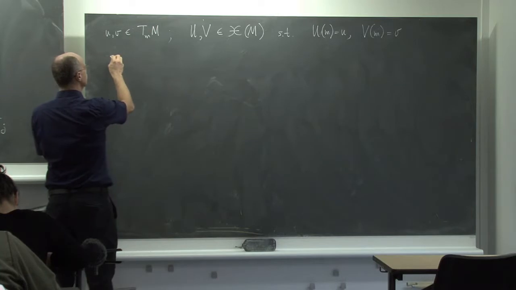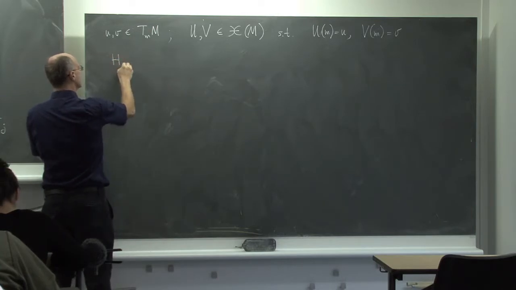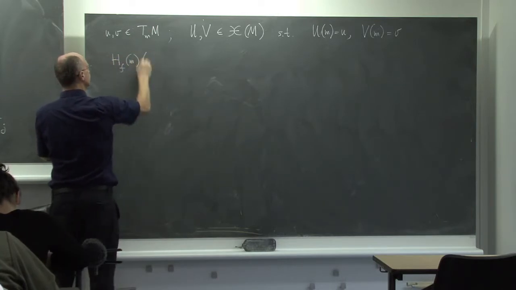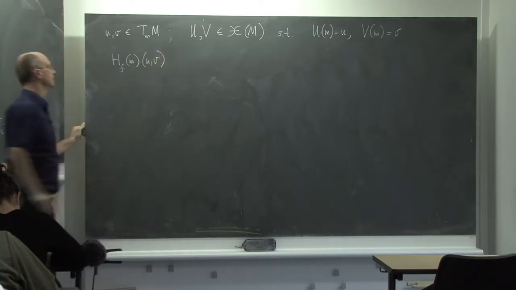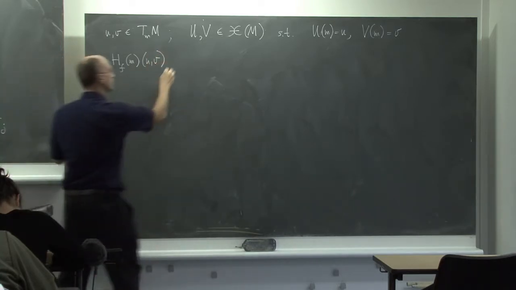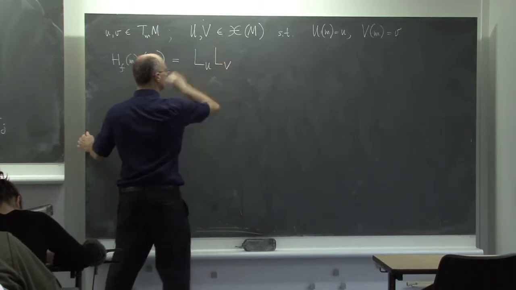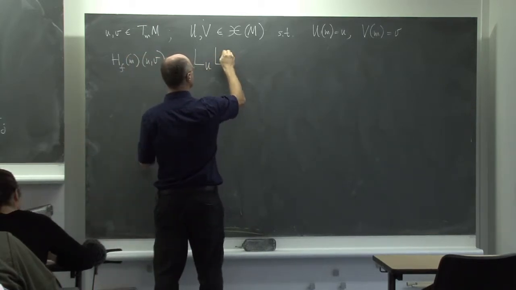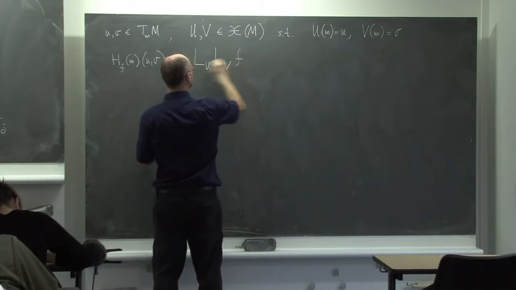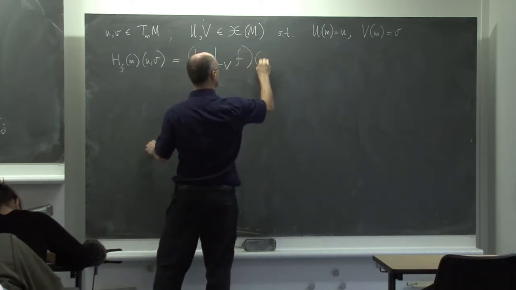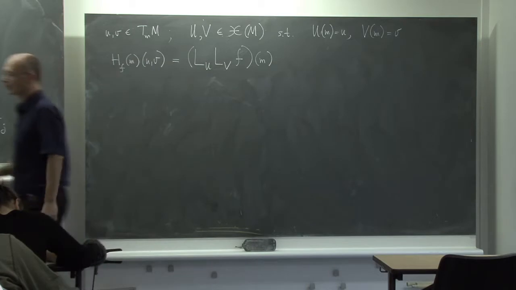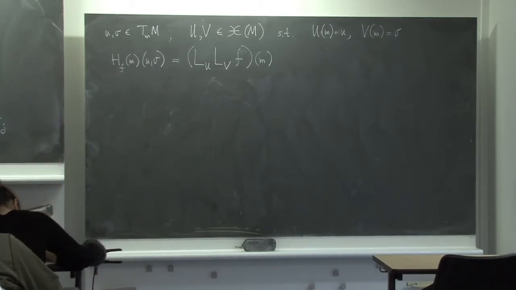Then we can define this Hessian as L_U, L_V applied to f, and all of it computed at M.